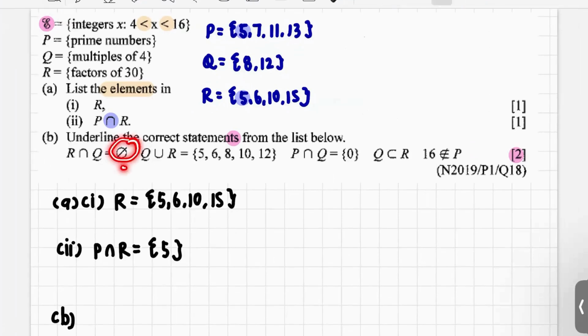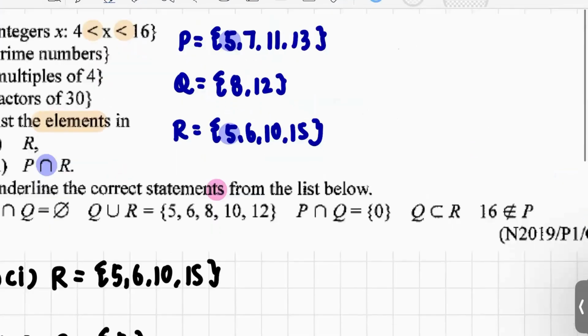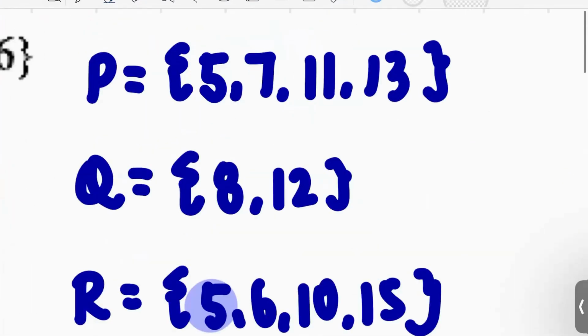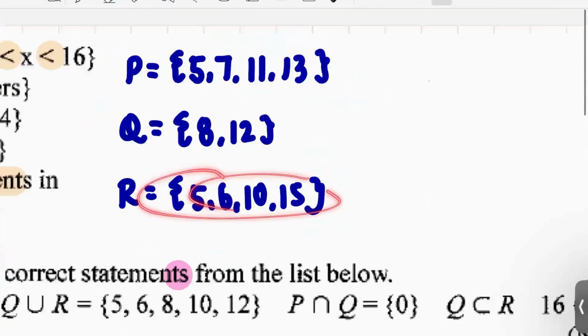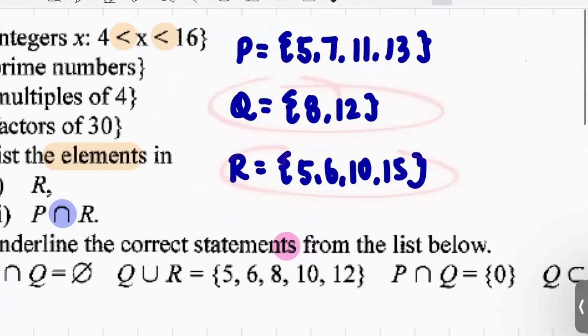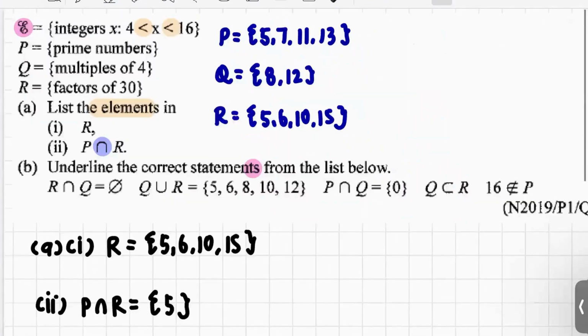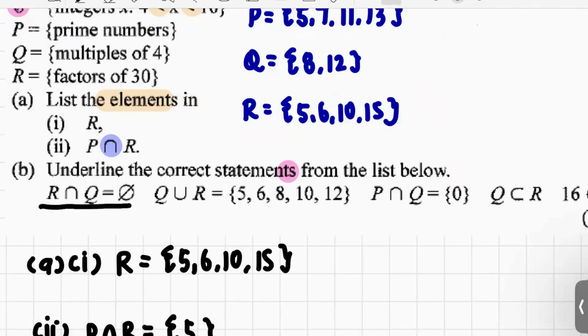This is an empty set. So R intersect Q means we're looking at R and Q. When you list out, it's a lot easier: 5, 6, 10, 15, and 8, 12. There's nothing overlapping. So this is one of my answers.